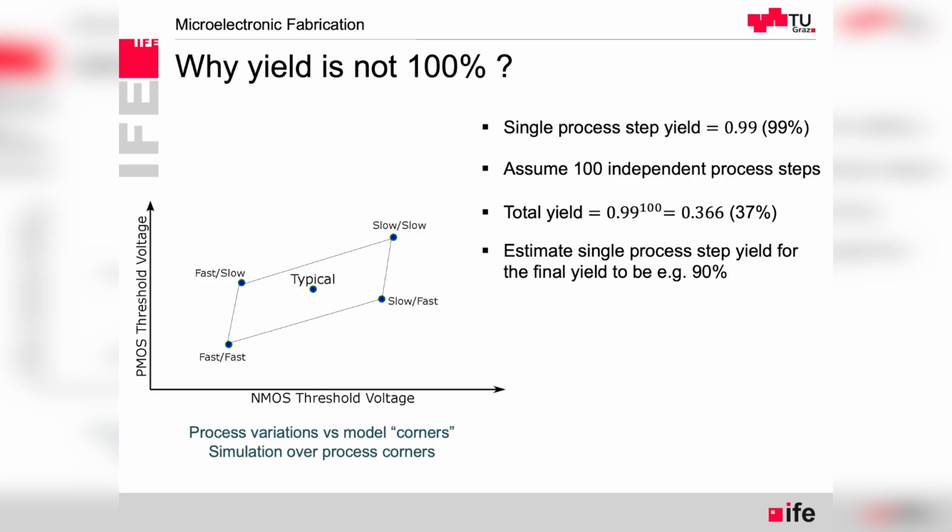And we have to make sure that the whole complex circuit still works. And that's only covered within the corners. If any parameter goes outside of these specified boundaries, then it's not guaranteed that the circuit is still going to work properly. So something might get completely out of specification.